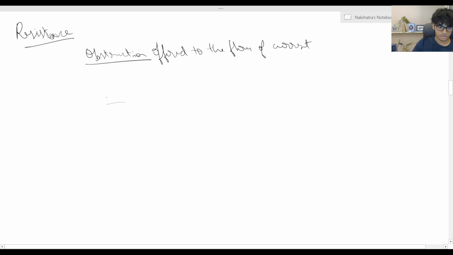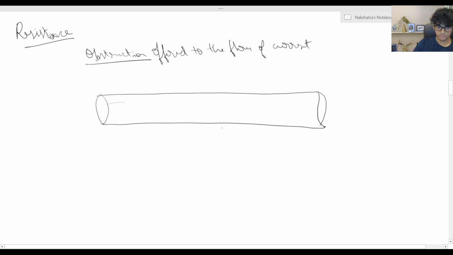Okay, let's say this is a conductor or a wire. This is my wire. Very thick wire. Let's just look into the wire. What will we see in it? There'll be electrons.